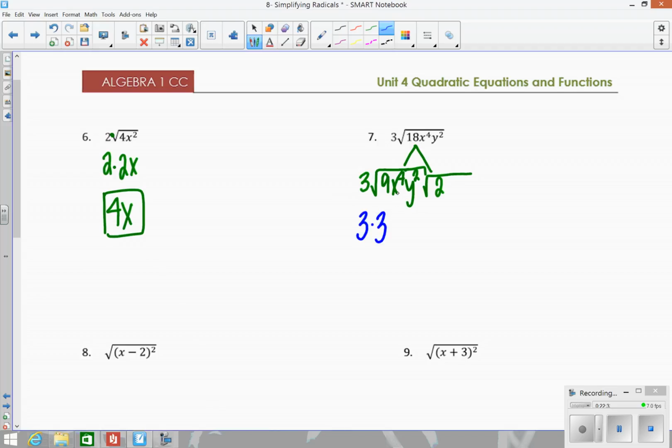Square root of x to the 4th becomes x to the 2nd. And then square root of y squared becomes y, and then keep that square root of 2. Make sure you don't forget the square root because it is important. And then 3 times 3 gives me 9, so it's going to be 9x squared y square root of 2.